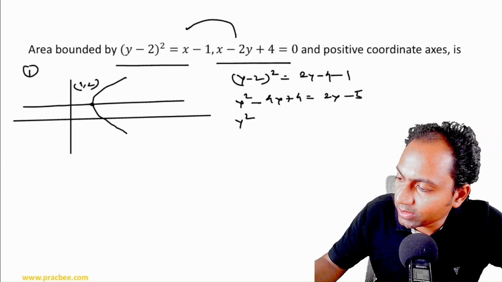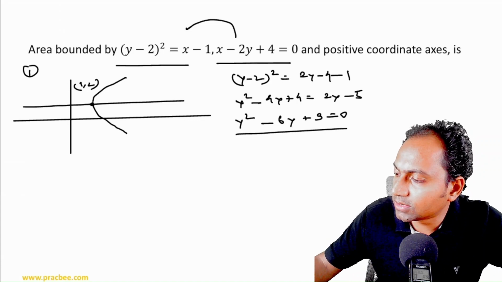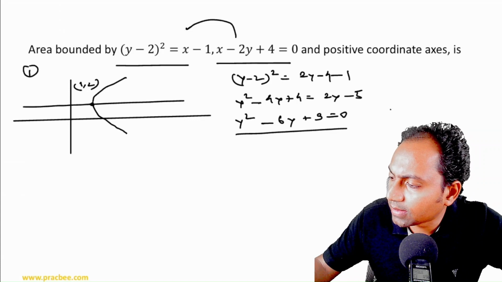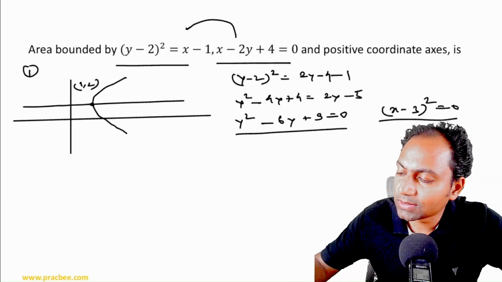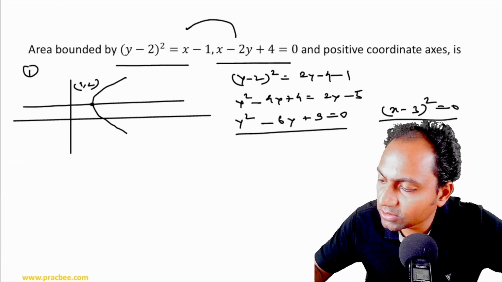So this becomes y square minus 6y plus 9 equal to 0, and you can see from here that this is nothing but y minus 3 whole square. So this line is nothing but a tangent, touching the curve at a point, and that point is nothing but 3.